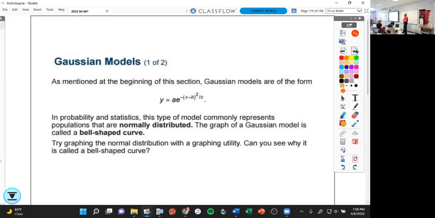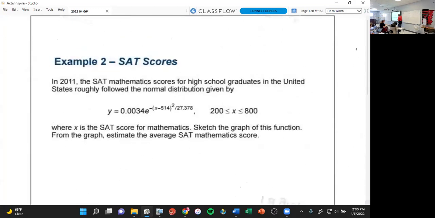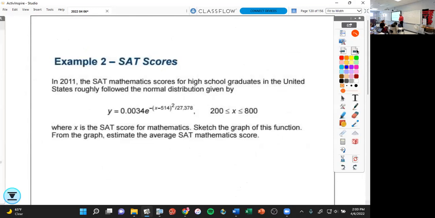This is a bell-shaped curve. And we're going to look at graphing this in just a second. And obviously, you know why it's called a bell-shaped curve, right? Because it looks like a bell. Like a smashed Liberty Bell.